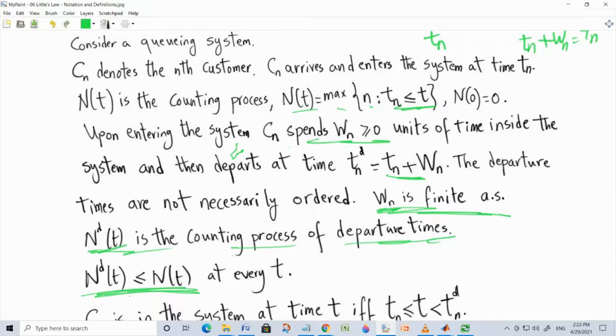It's always true that at time t, the number of departures from 0 to t is less than or equal to the number of arrivals from 0 to t, because you cannot have more departures than arrivals.